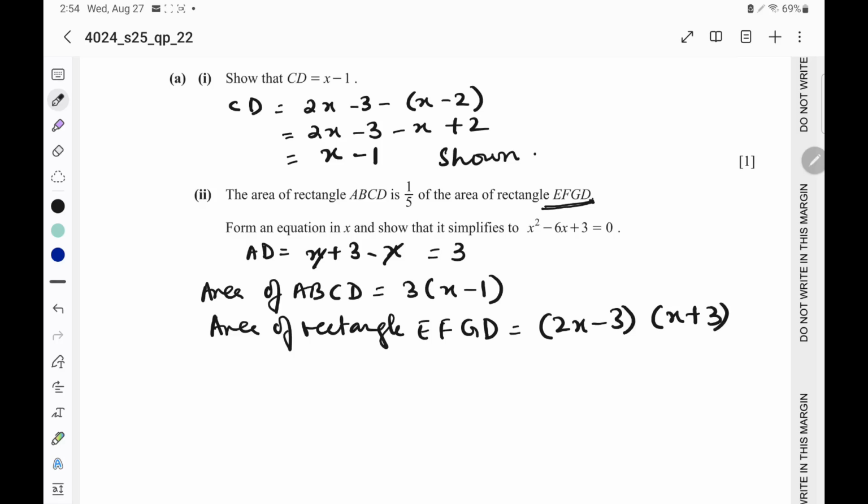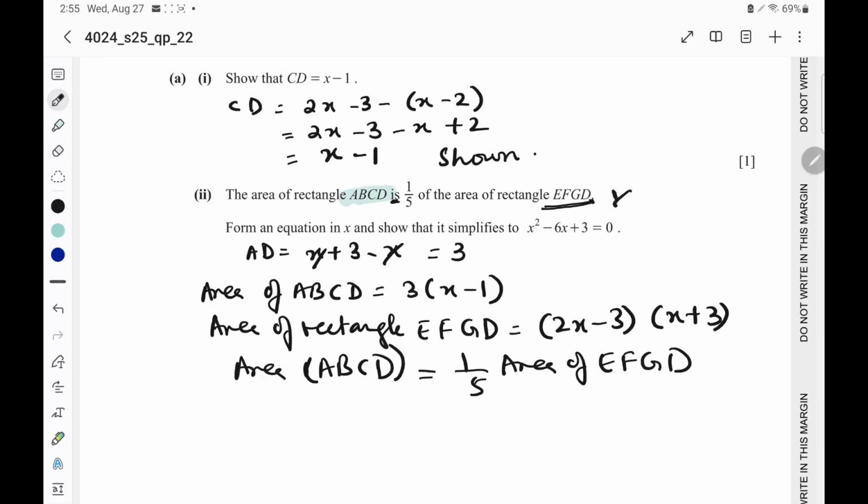So what are they giving you in the question? Area of ABCD is 3 times x minus 1. Whatever they are giving us, the area of ABCD is 1/5 of the area of EFGD.